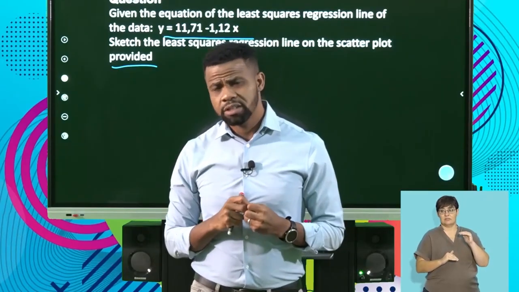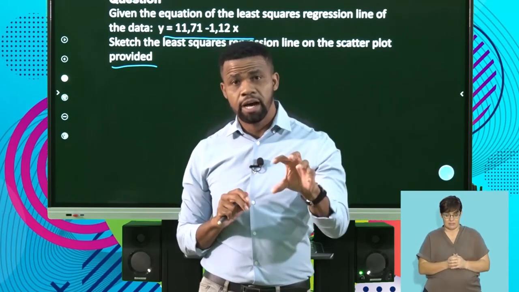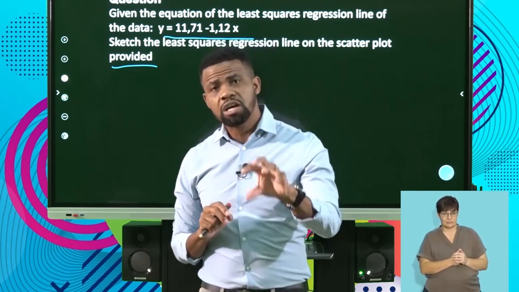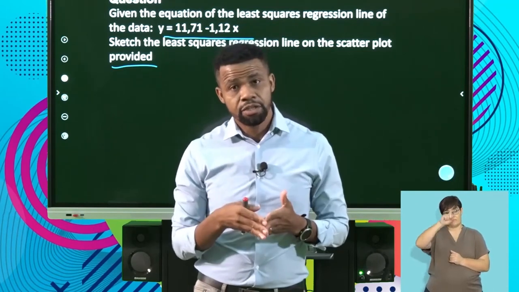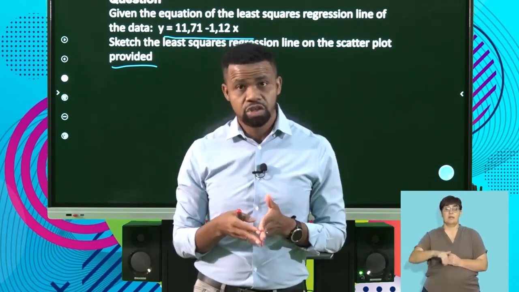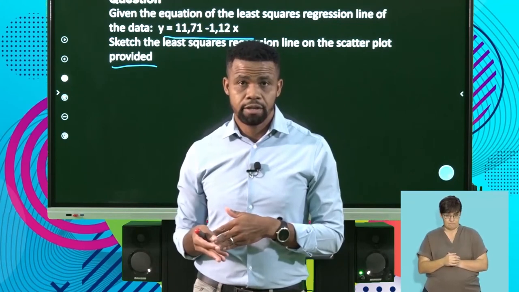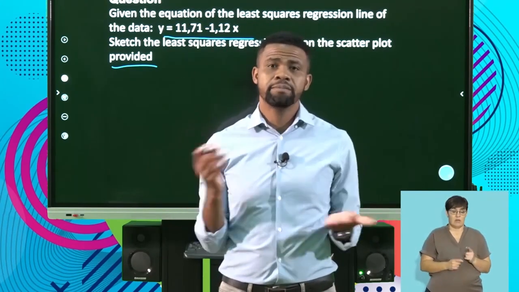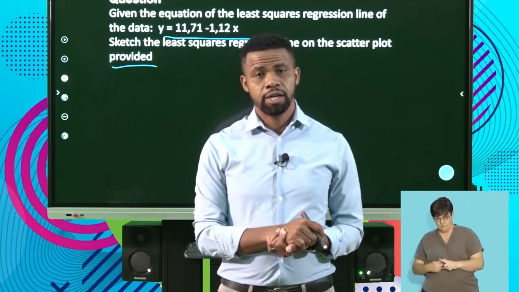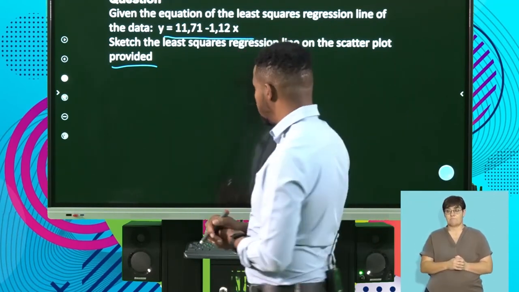What is important is that the least square line must pass through the mean, the average for x and the average for y. Are we together? But the equation of a line is a straight line, so I can find the x-intercept and the y-intercept and draw the line. That's another way.